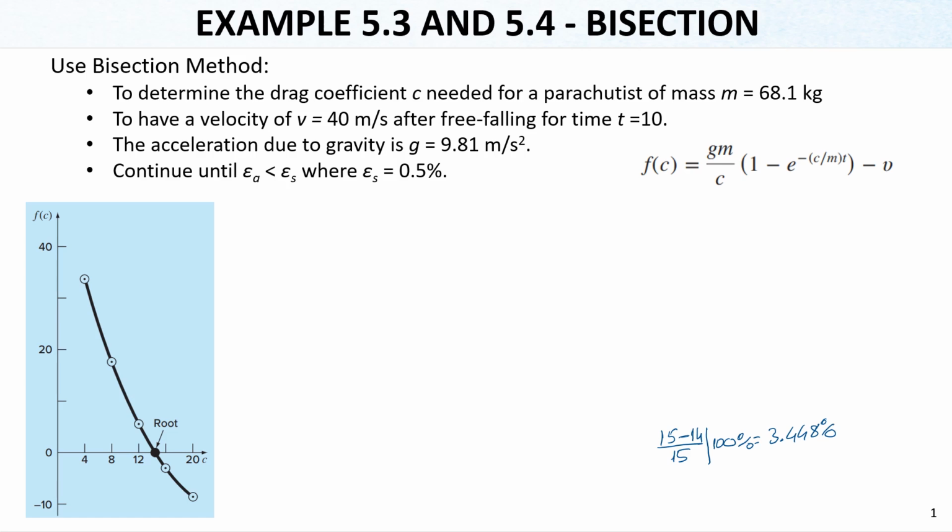From the graph, we see the sign is changing, or an intersection with x occurs, if xl is 12 and xu is 16. And that's why we can simply calculate an error value using these.